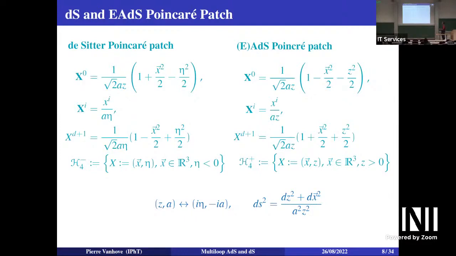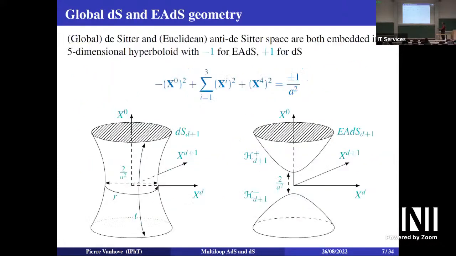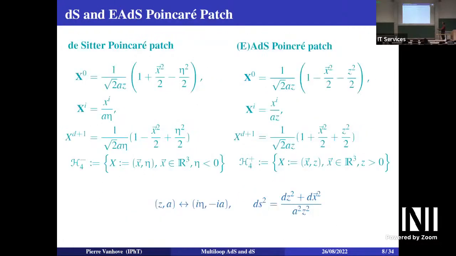So x0 is the time component, and xi runs over 1 to d, and xd plus 1 is given by this, okay? And here this is for the Poincaré patch for this one. For this one, this is similar. There are a few signs that are changing.